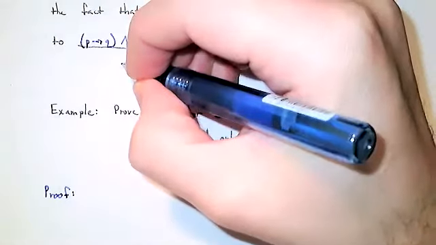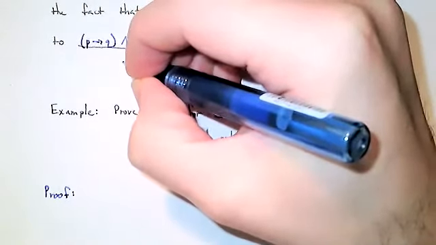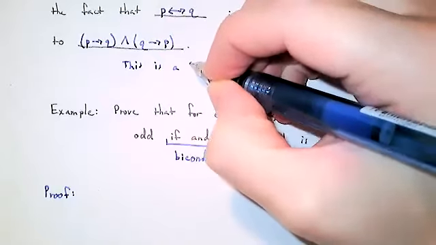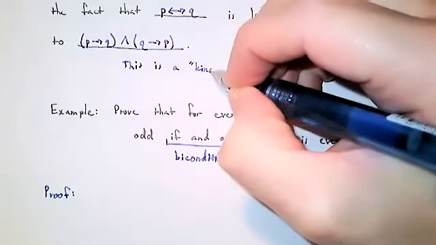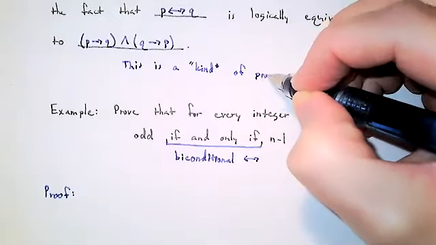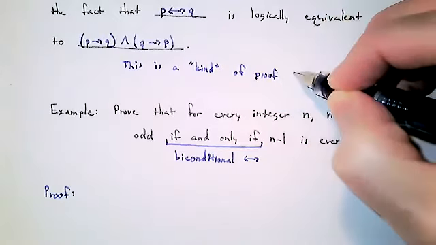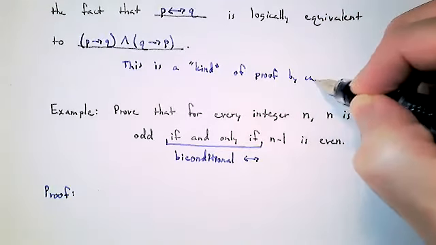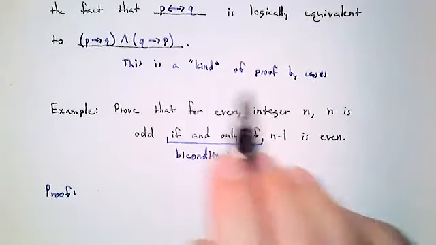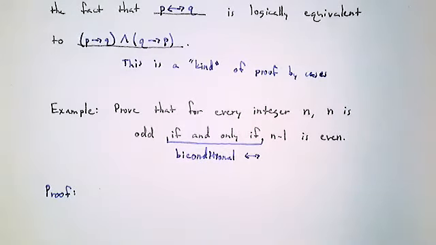Maybe one more thing I'll mention, that you might think of this as a kind of proof by cases. It's not maybe a precise way of thinking about it, but in this proof, we're doing two things.